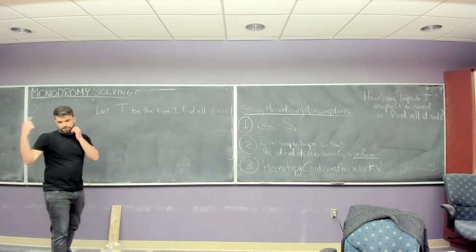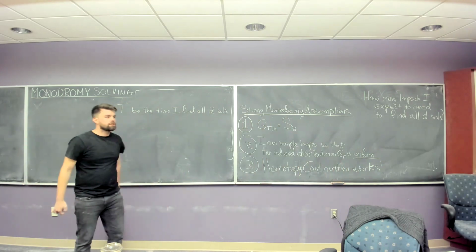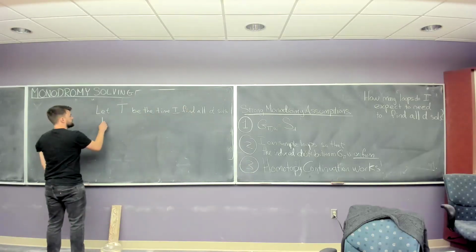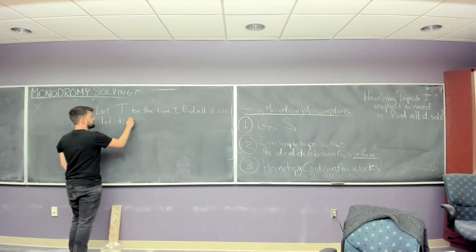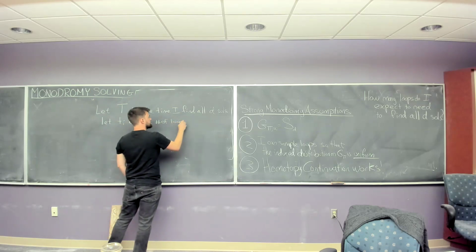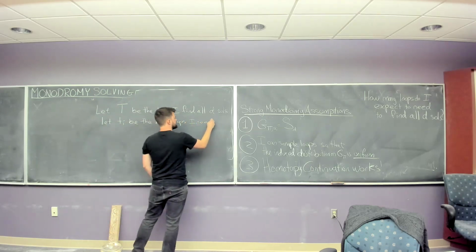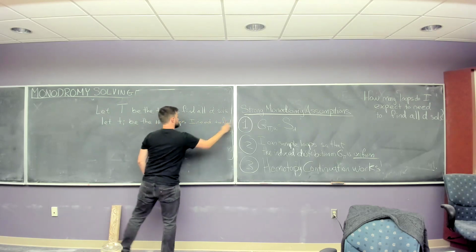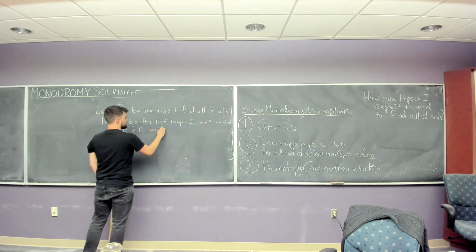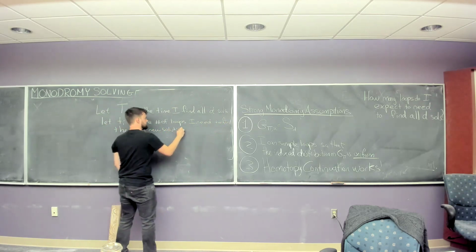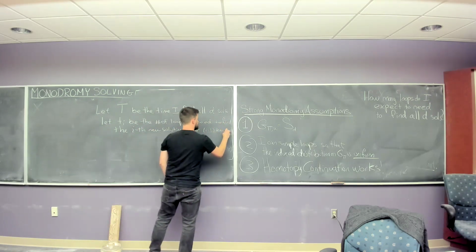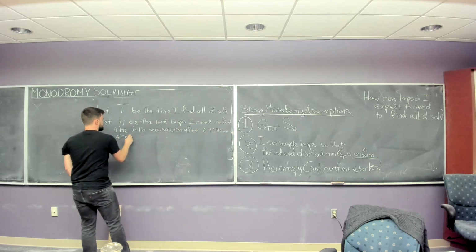So let T be the number of iterations I need to do to get all the solutions, and let Ti be the number of loops I need to find the ith new solution after i minus 1 have already been found.